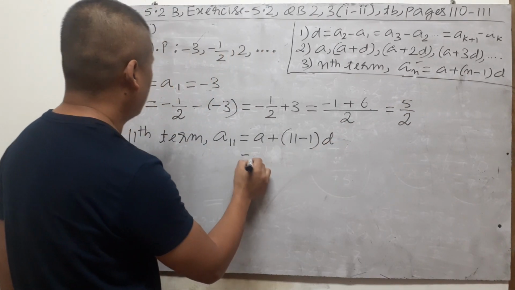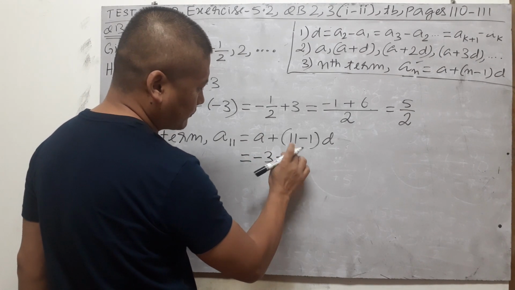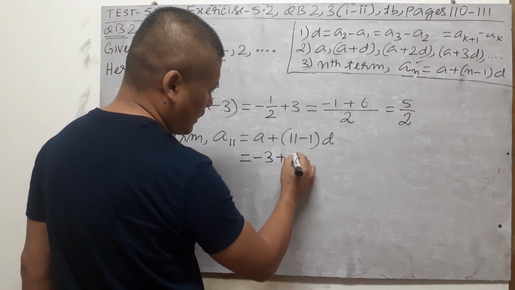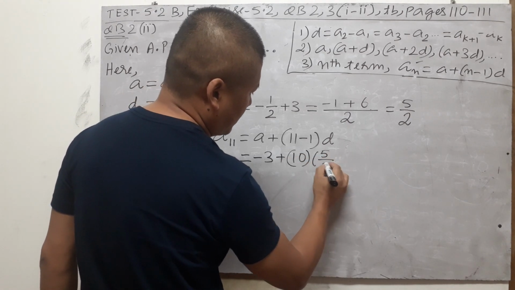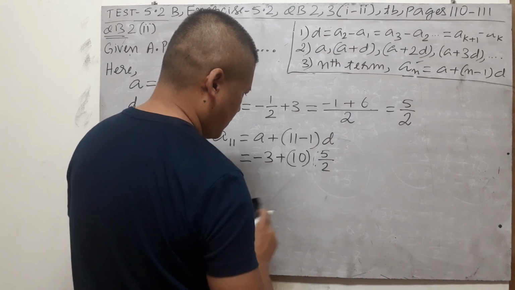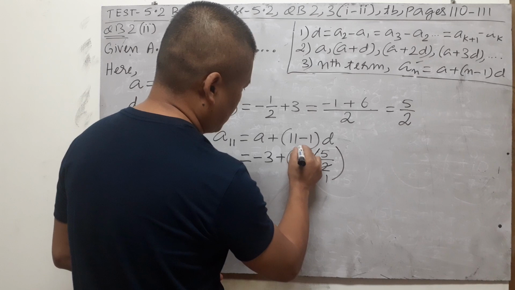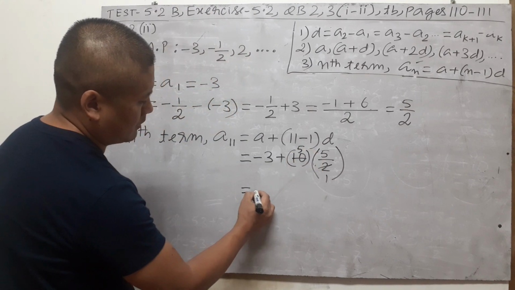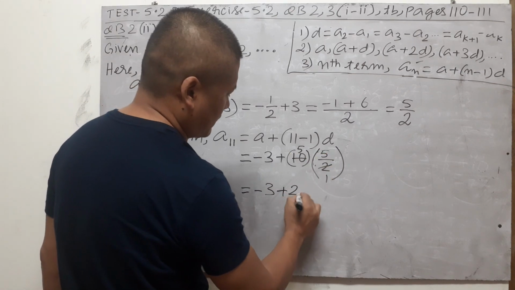So here A is minus 3 plus 11 minus 1, which is 10, and D value here is 5 by 2. So we can write that, and then 2 ones are 2, 2 fives are 10. So minus 3 plus, plus into plus is plus, 5 fives are 25.